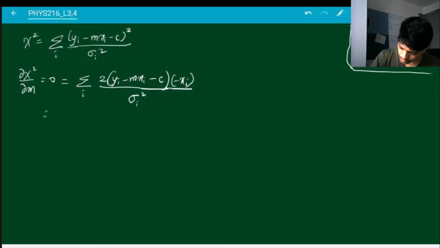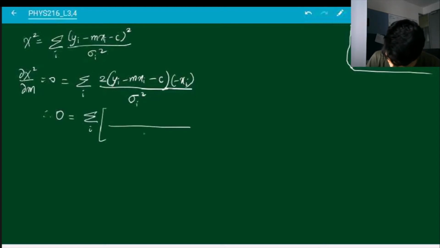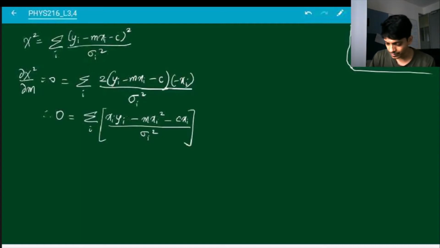In other words, 0 is equal to the sum over i of xi yi minus m xi square minus c xi. I have thrown away this factor of minus 2 because there's just 0 on the other side. That's fine.